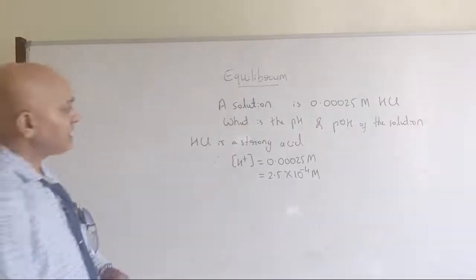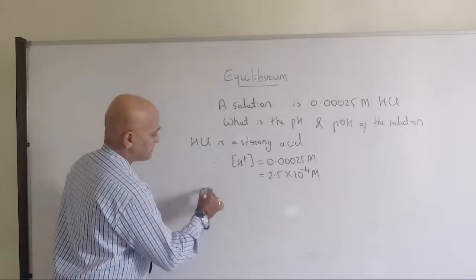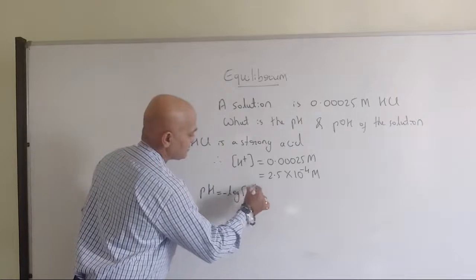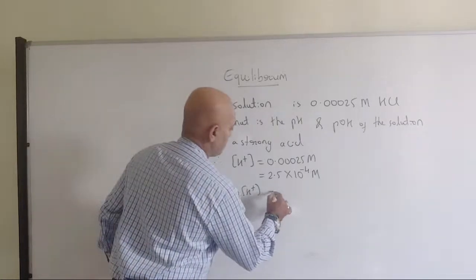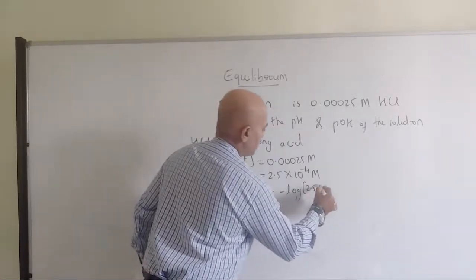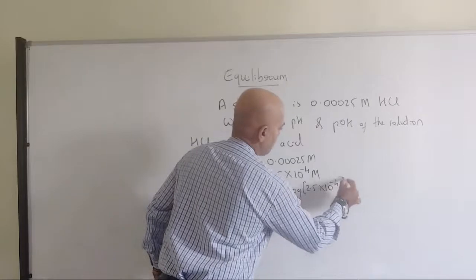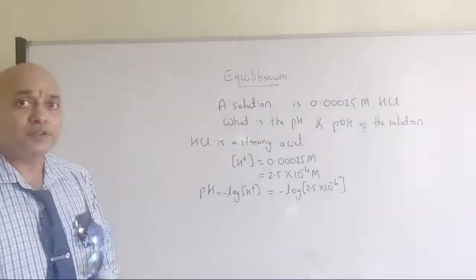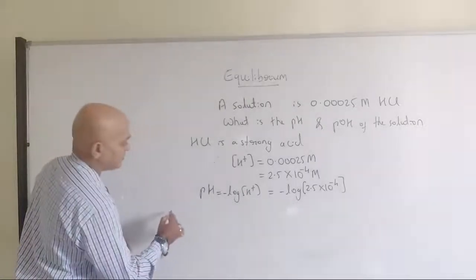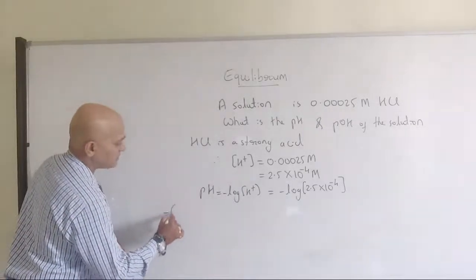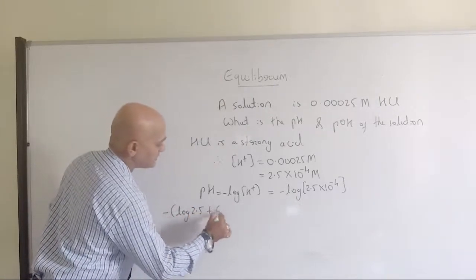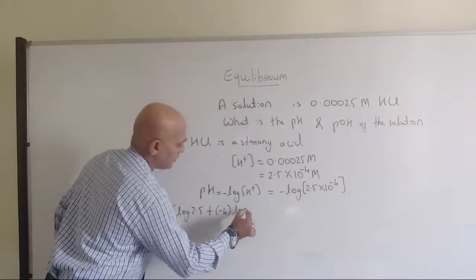Fine. Now I can apply the pH calculation. pH is equal to minus log of H plus concentration. So minus log of 2.5 into 10 to the power of minus 4. Further I can write it as minus log of 2.5 plus minus 4 into log of 10.